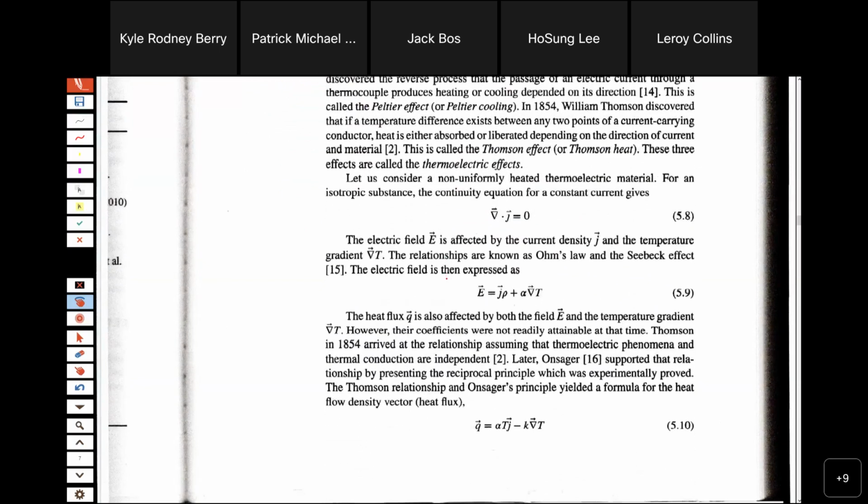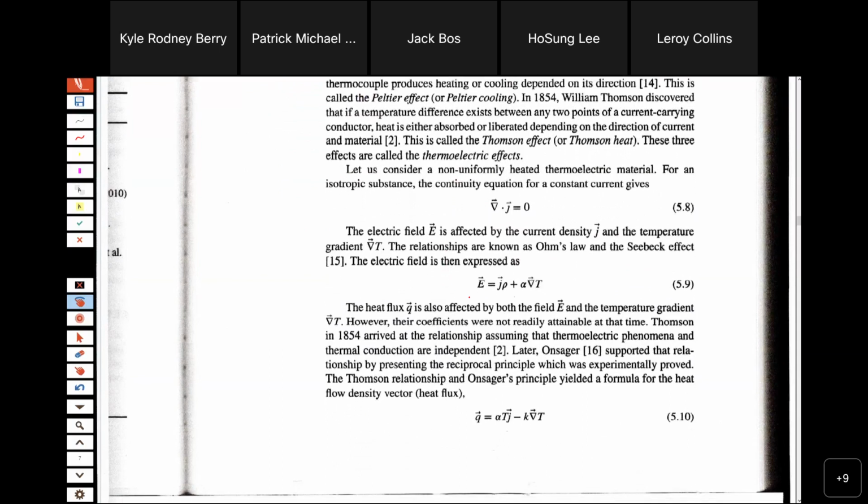The electric field, according to Ohm's law, relates current density and electrical resistivity, or in terms of voltage, current and electrical resistivity. So this is the known Ohm's law for the electric field.